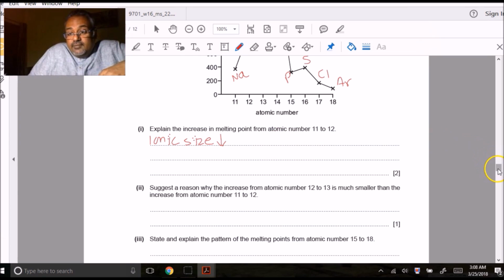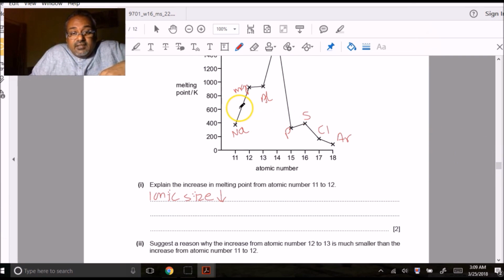So the magnesium ion is smaller in size, and don't forget the charge on the magnesium is 2+ compared to 1+ on sodium. So the magnesium ion is a smaller ion, it has got a double positive charge, it's got high charge density, as we say, and that contributes to the increase in the strength of the metallic bond, and that's why the melting point of this is more than this. So that's a good answer there.